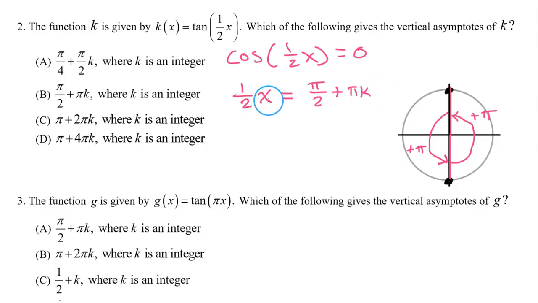Now we just need to solve for x by multiplying both sides of this equation by 2. We need to be sure to multiply each term by 2. So x will equal, and 2 pi over 2 is just pi, and then plus 2 pi k. So there it is, pi plus 2 pi k, where k is any integer. And the answer is C.